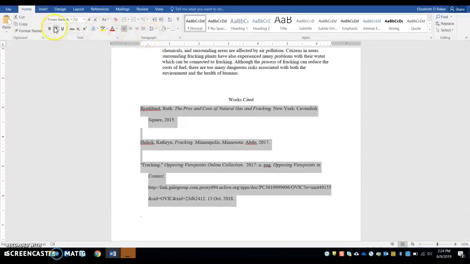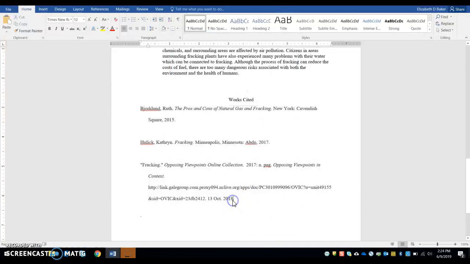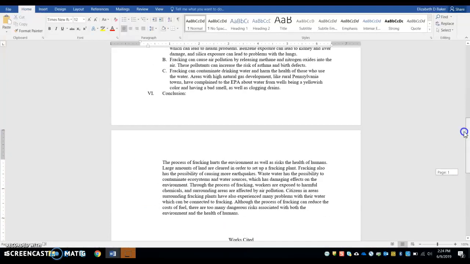So we would come up here to paragraph, and then right here under special, it'll probably say none, but you want to choose hanging and then hit OK. And that's how we get hanging indents, which are required on all of our sources and citations.